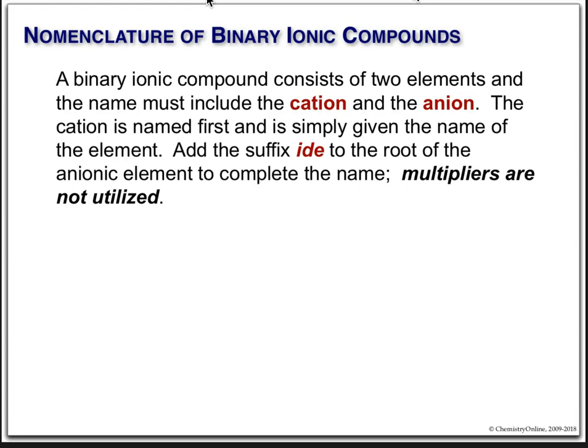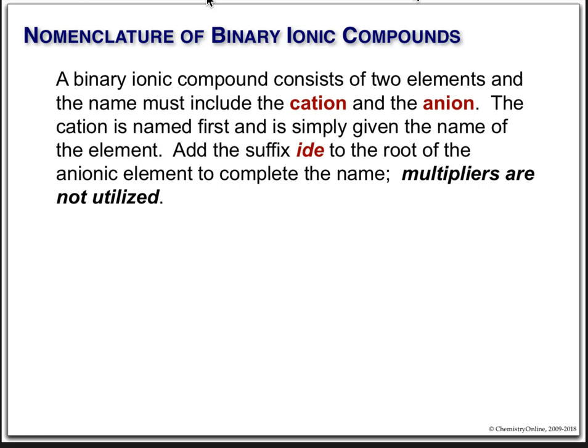Naming for ionic compounds is really, really simple. Actually, naming for all binary compounds is simple. But for an ionic compound, you're going to build the name starting with the cation.